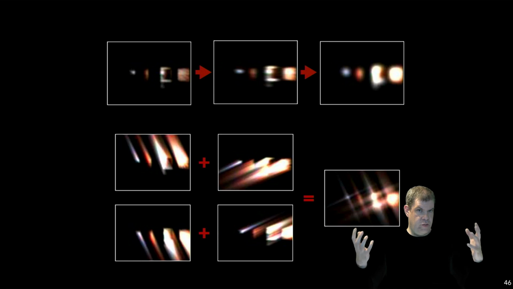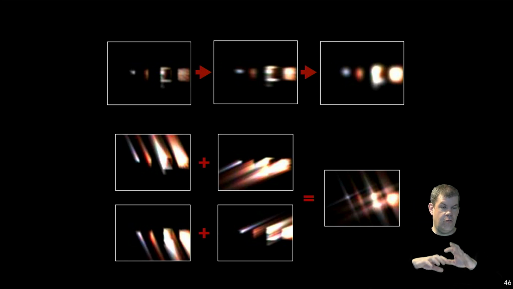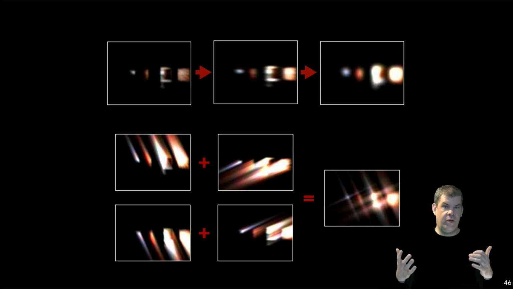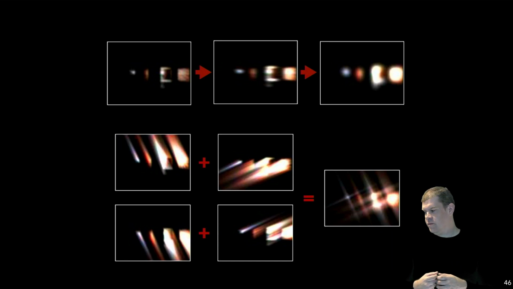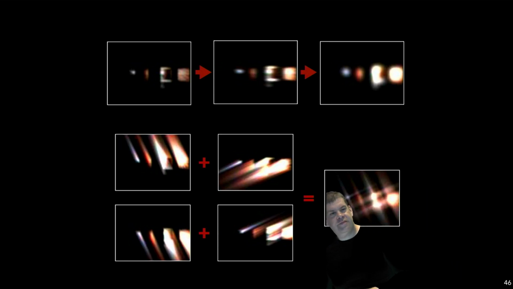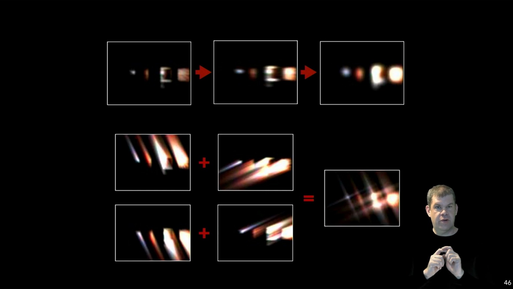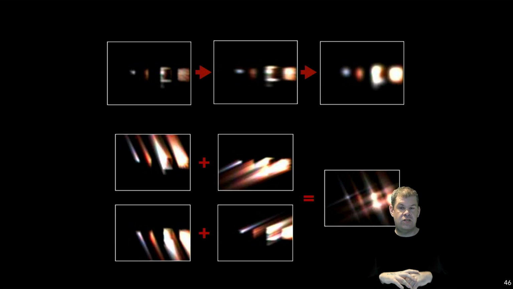But since we're shooting for a low pass filter anyhow, which is supposed to suppress high frequencies, that doesn't really hurt too much. So that's how you achieve that blooming effect.